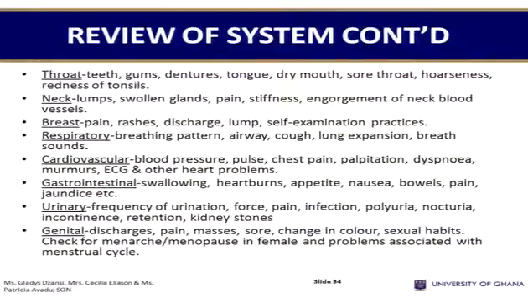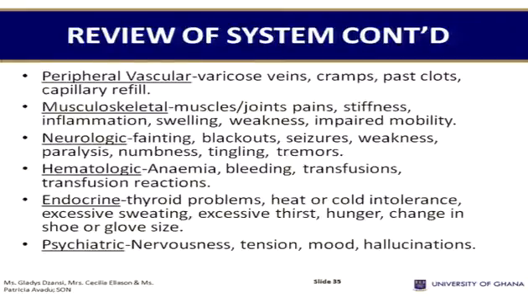In women, you want to ask about their menstrual cycle. With the peripheral vascular system, you ask if the patient has any history of varicose veins, cramps, or any problems associated with the peripheral vessels, such as capillary refill. With the musculoskeletal system, you ask about pain, stiffness, inflammation, swelling, weakness, and impaired mobility.